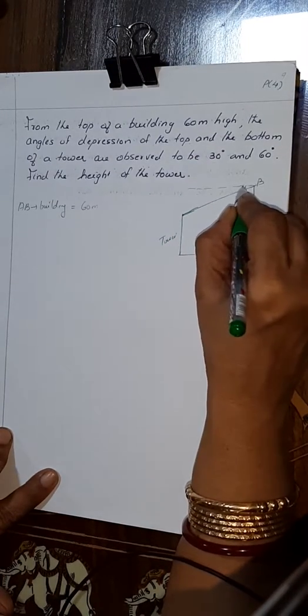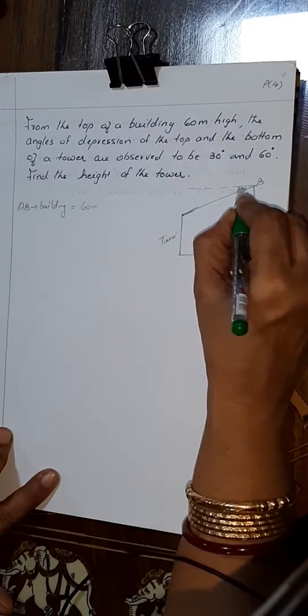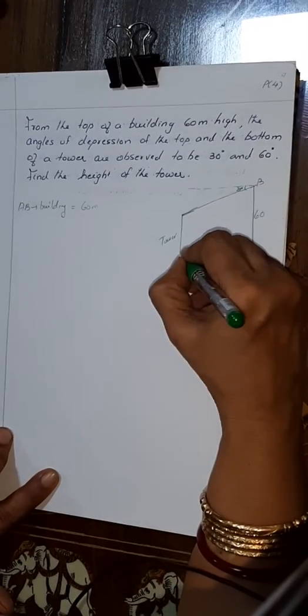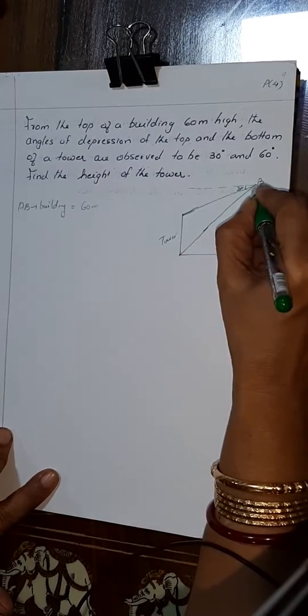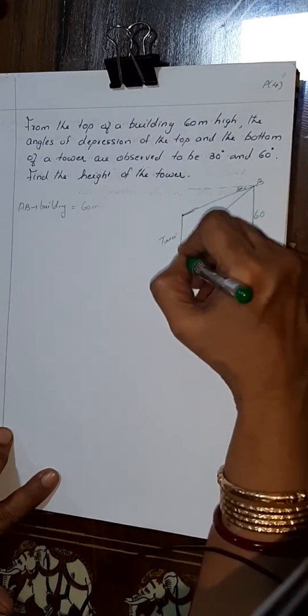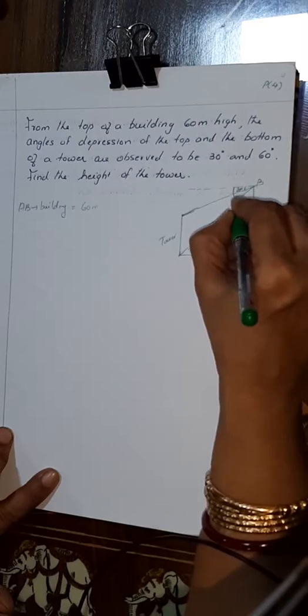So, this is 30 degrees, and at the bottom, so you are observing from the point B to the top and bottom of the tower, and this will be 60 degrees. So, this is 60 degrees.